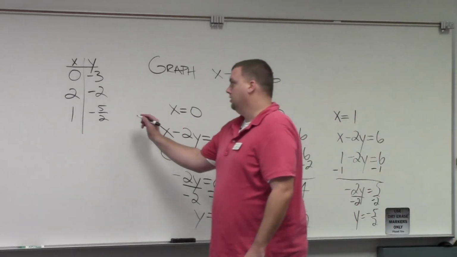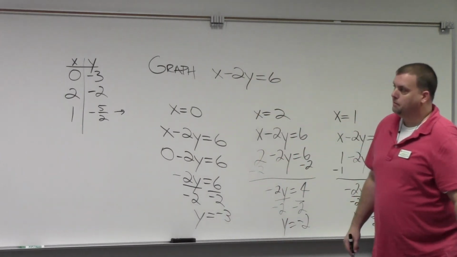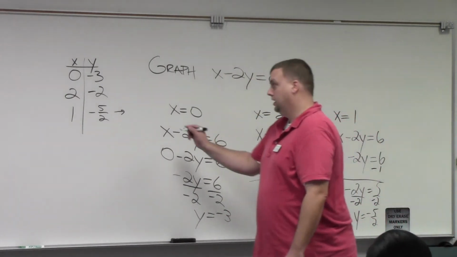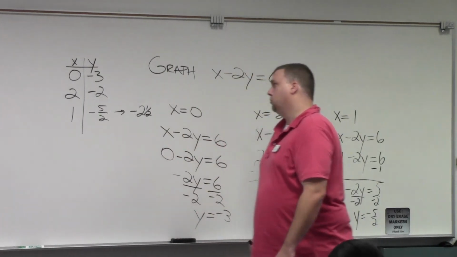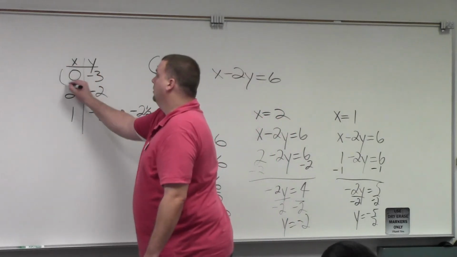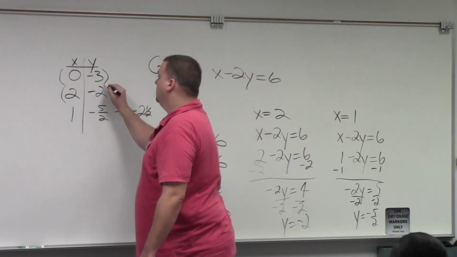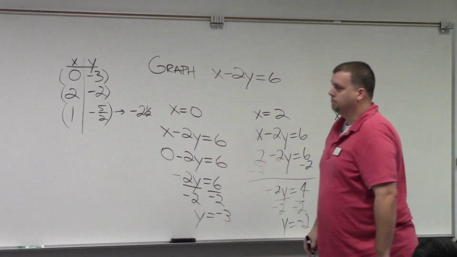Let's think about this. What is negative 5 halves as a mixed number? Negative 2.5. That makes a little bit more sense from a graphing standpoint. Okay? But as points, you have 0, negative 3, 2, negative 2, and 1 and negative 5 halves.